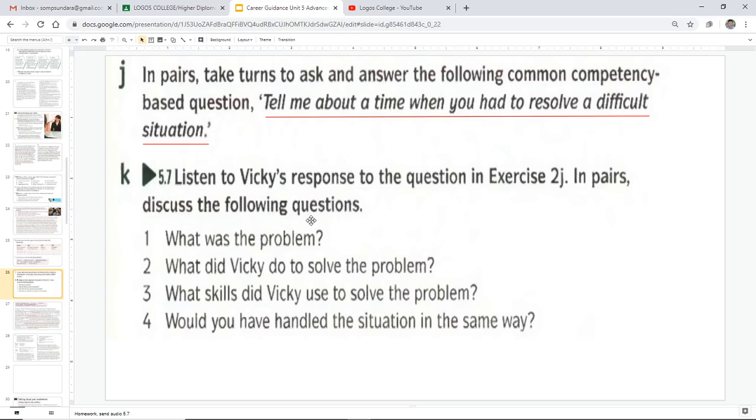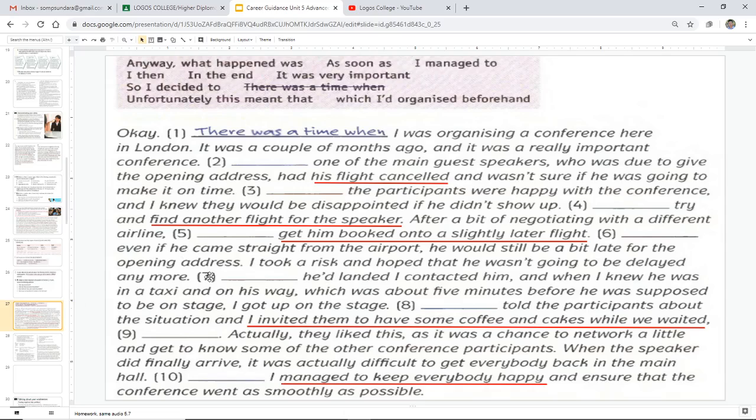Discuss the following questions. What was the problem? And this was also part of your homework. And I wanted to do the STAR method to show how she also used it.